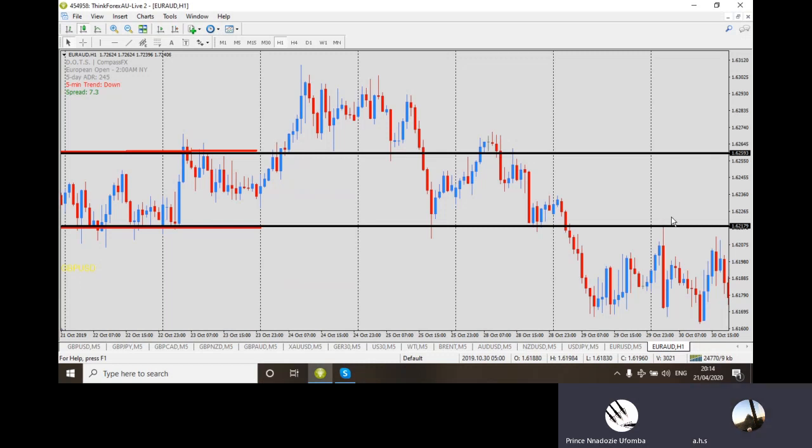Haven't broken the first level. I expect it to test it again and continue down. If there is a strong move up, I expect it to break that level and continue up. So I just have to wait and see what happens around that level up there.